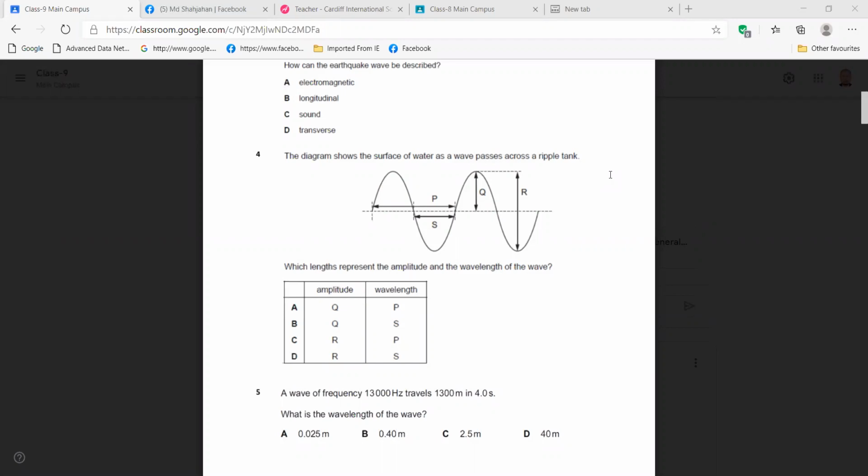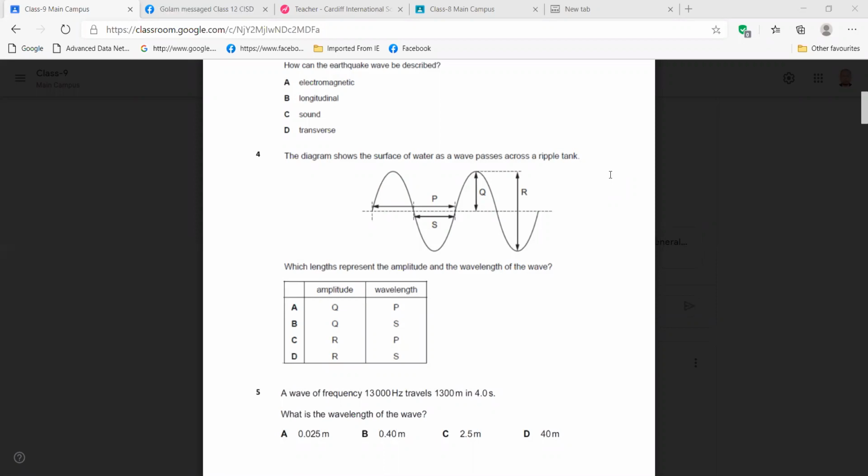Okay, what about S? S is half of the wavelength, because it is only showing the distance covered by the trough, isn't it?